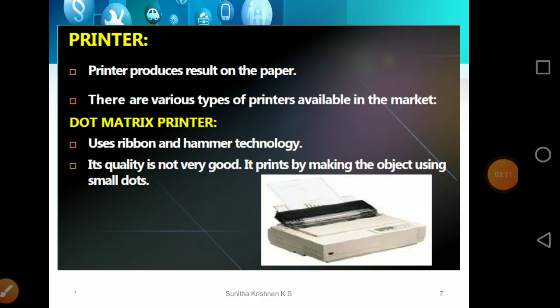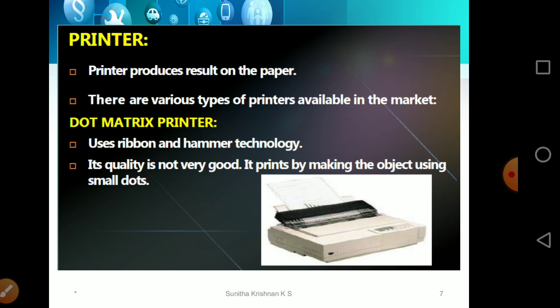And coming to the printer, printers are even more common output devices than the monitors. They are of greater use for people. There are different types of printers available, and you should be aware of the various types. That is the dot matrix printer. You might have seen the normal bill you get from some margin free shops, or from any textile shop or any business places.